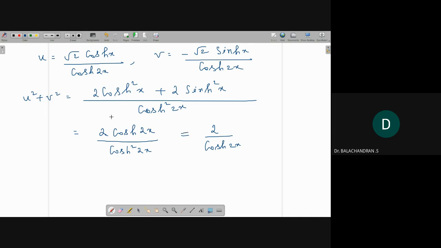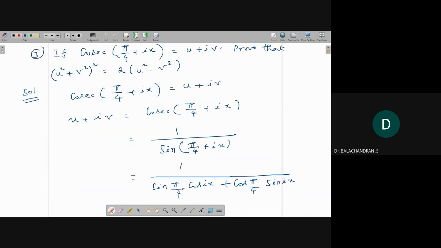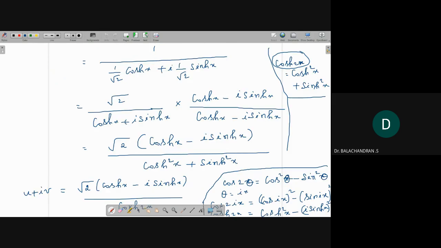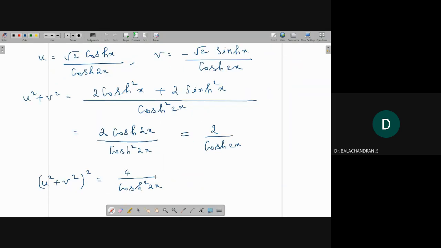But in the left hand side, I have (u square plus v square) whole square. So that's why I'm squaring on both sides. If I square, you have 4 divided by cos h square 2x. So this is the left hand side. Similarly, I am going to write the right hand side, and I am going to prove 2 into (u square minus v square) equal to this function, that is 4 by cos h square 2x.